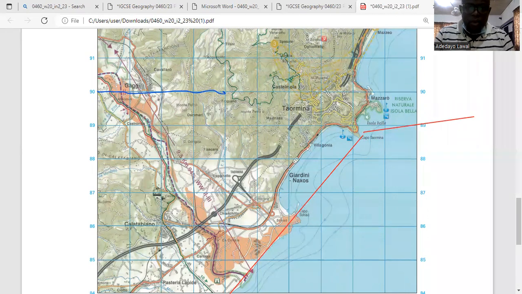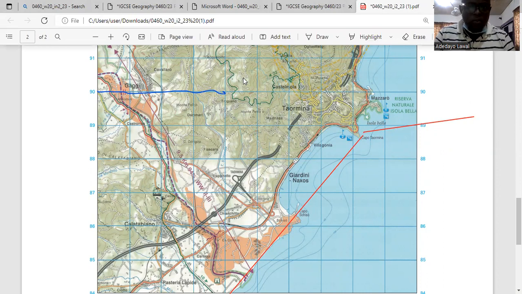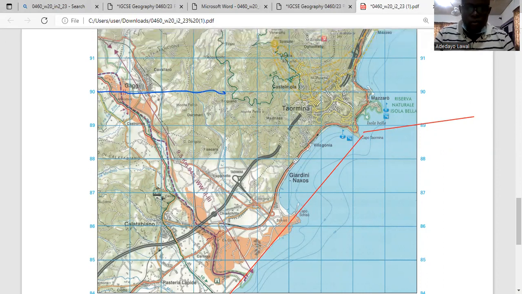So let me use a simple one so that it doesn't cause confusion. This is what I want to draw. I believe you know what this is, the cardinal points. It's not well drawn.